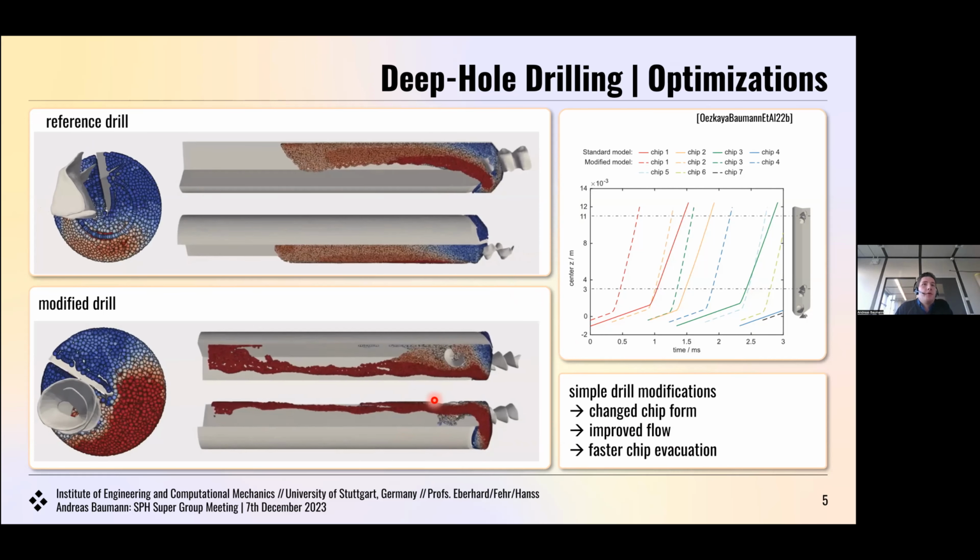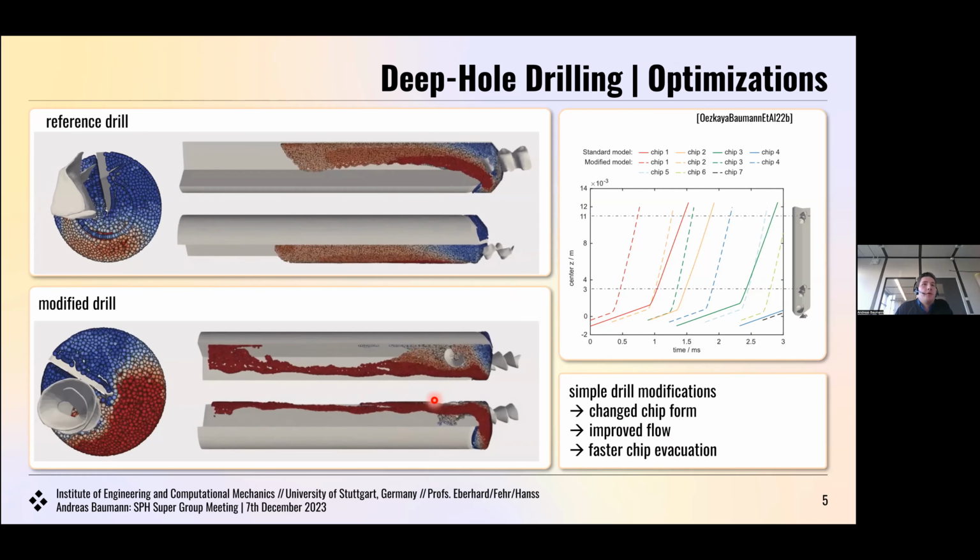And we see by the slope of these positions over time that the modified drill evacuates the chips much faster than the standard drill, and thereby we increase the reliability that chips are actually removed and don't get stuck at the bottom. So what we have already shown is that the simple drill modifications lead to a changed chip form. We have an improved flow, and thereby, of course, we get a faster chip evacuation, which is helpful in the end.